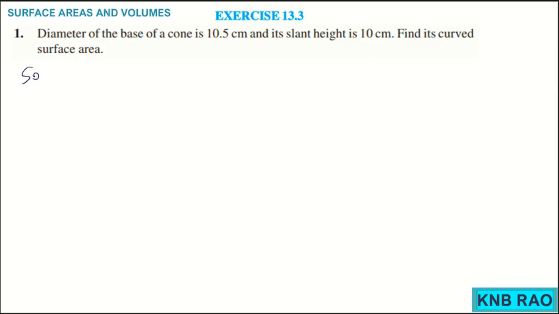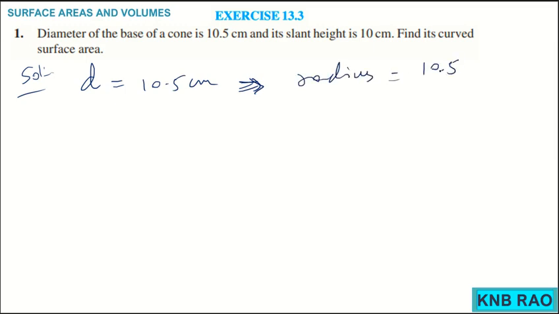See children, whenever we are given the diameter, we can find the radius from that, thus radius is 10.5 by 2 centimeter, and height they gave as 10 centimeter. They are asking us to find the curved surface area. Which height is it? Slant height, not vertical height, it is slant height. So l they give.